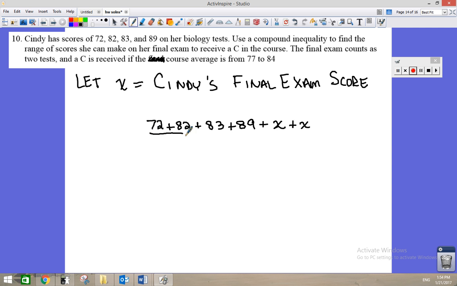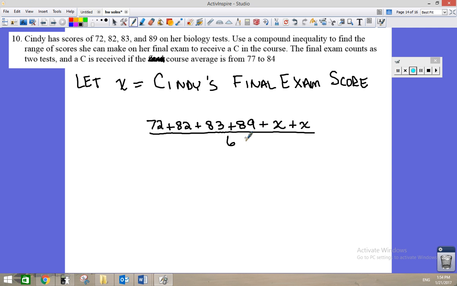Now we divide by how many tests there are to find the average. There were 4 tests, and even though the final is technically 1 test, it's counted as 2 tests. So how many scores do I have? 4 plus 2, I have 6 scores. Now this is the course average.